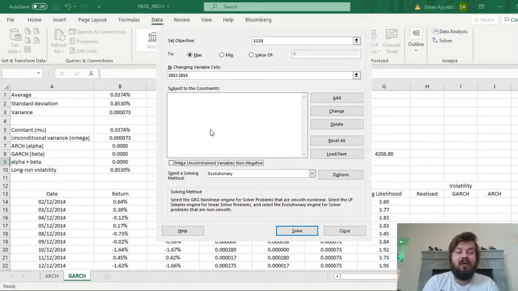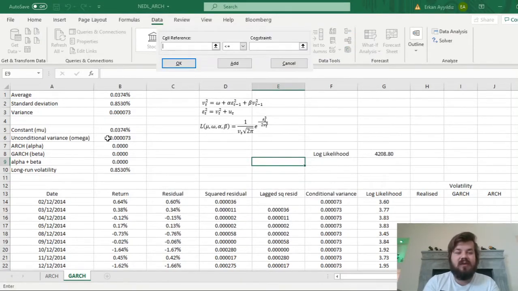First of all, we need our unconditional variance to be strictly positive, so adding a constraint on cell B6. And here we can see that, again, there are no strict inequalities in the solver interface, so we can trick solver into doing what we want by imposing a non-strict inequality and requiring the unconditional variance to be greater or equal to a very small positive number, effectively requiring it to be strictly positive.